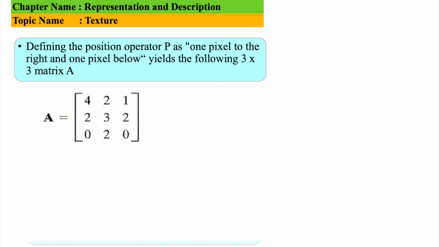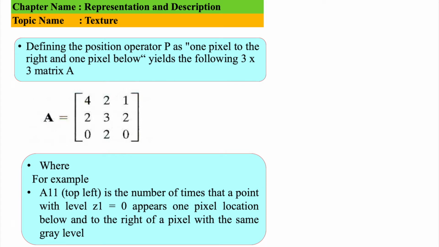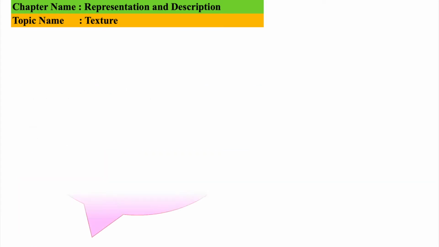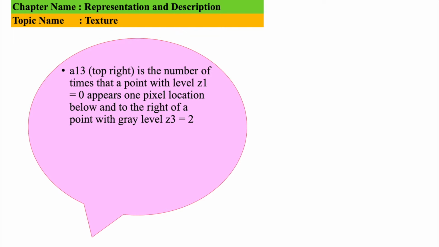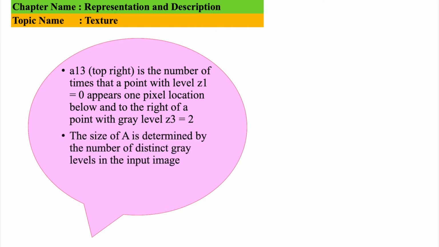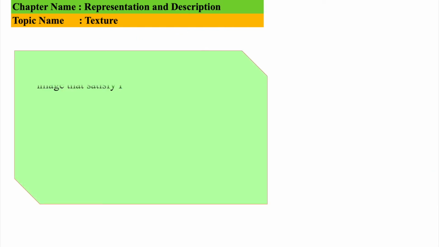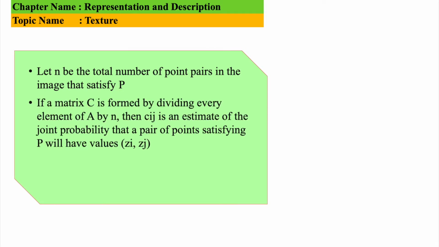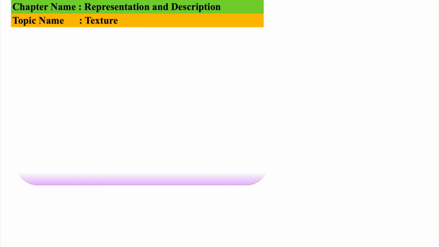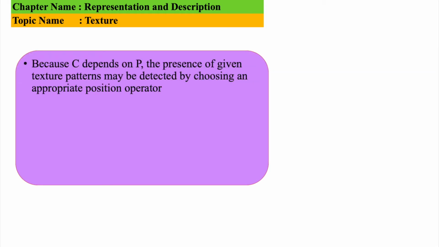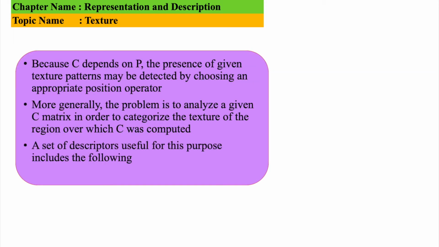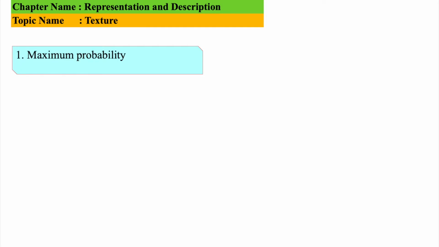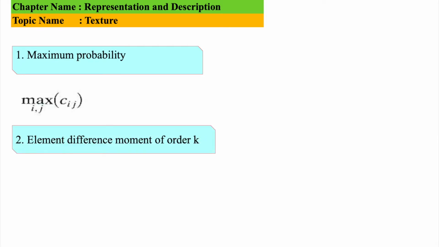Now fourth is the uniformity. Uniformity is given as again the two summation operations over i and j operating over the square of C suffix ij. Last is the entropy, given as minus the two summation operations over i and j of C suffix ij multiplied by the logarithm of C suffix ij to the base 2.